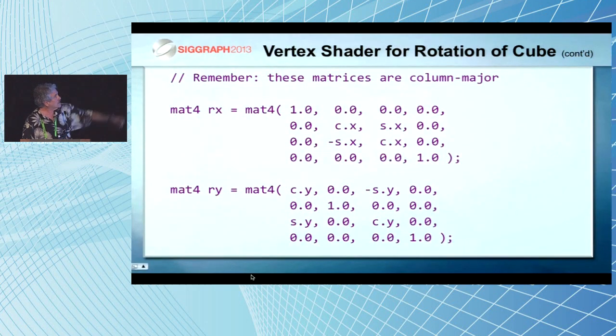So now I can take the individual components from those rotations, Cx, Cy, and Cz for the cosines, Sx, Sy, and Sz for the sines, and define in the shader 3 rotation matrices about x, y, and z. And notice what they do. You can do the mathematics yourself to prove this. A rotation about the x-axis doesn't change the x values.